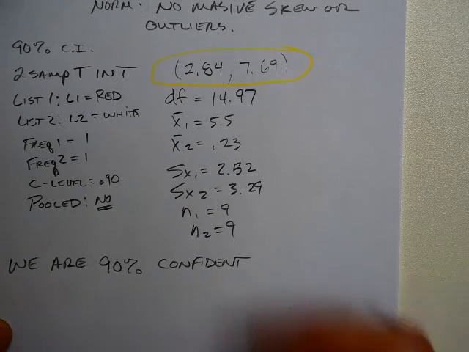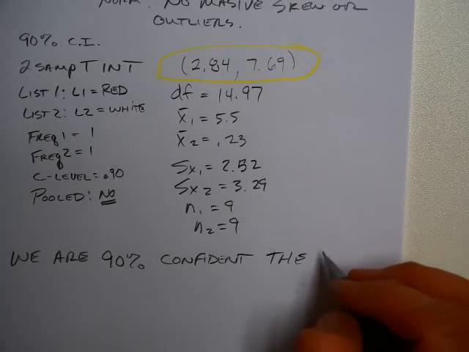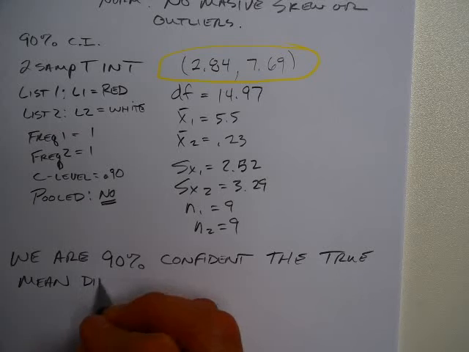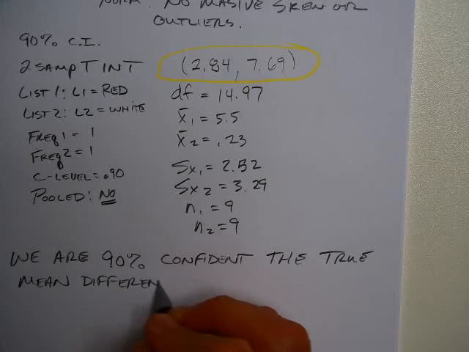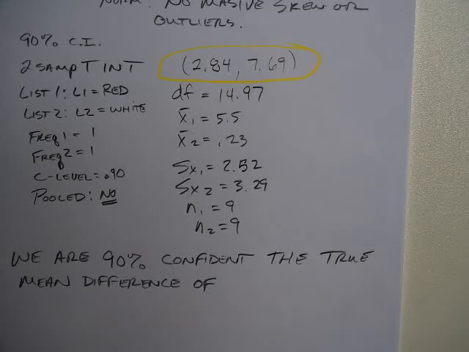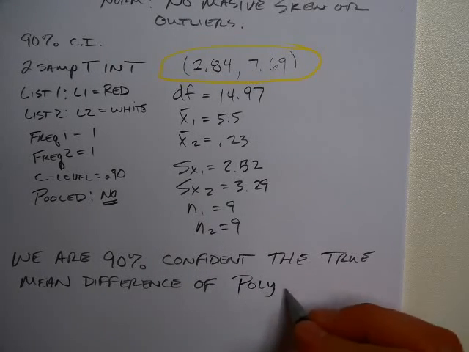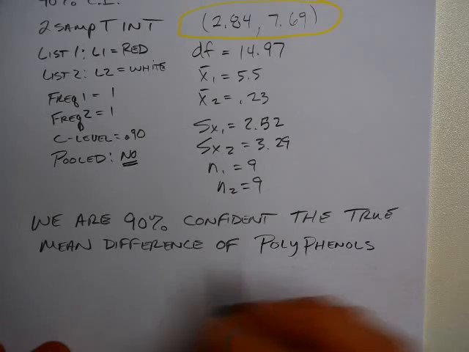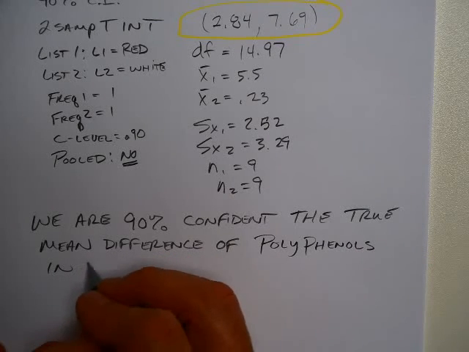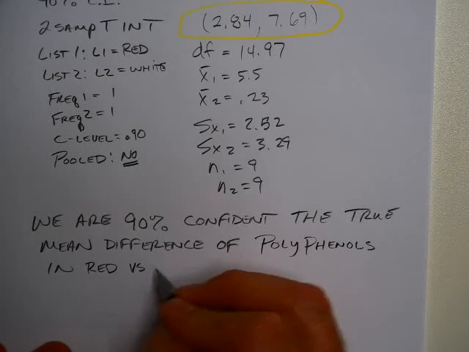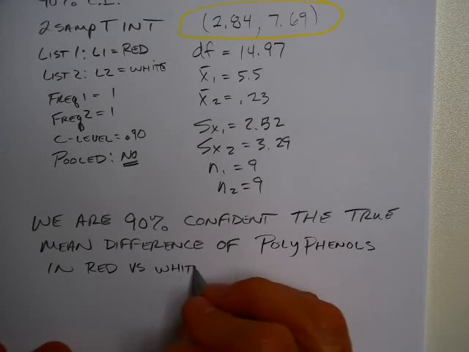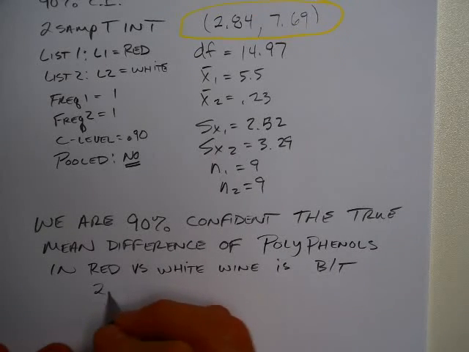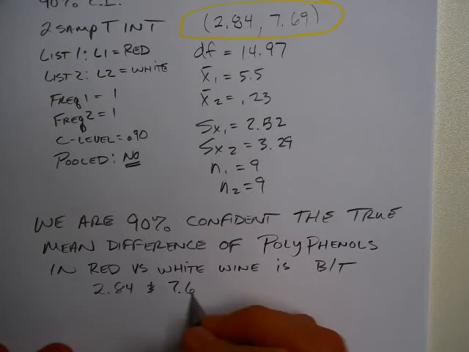The true mean difference of polyphenols in red versus white wine is between 2.84 and 7.69.